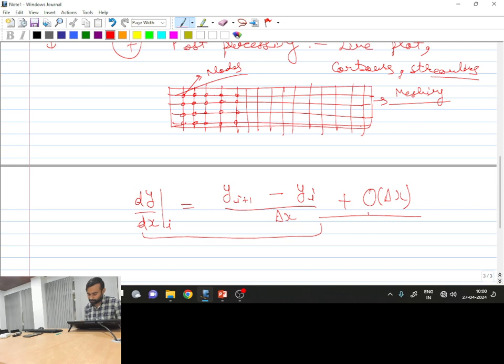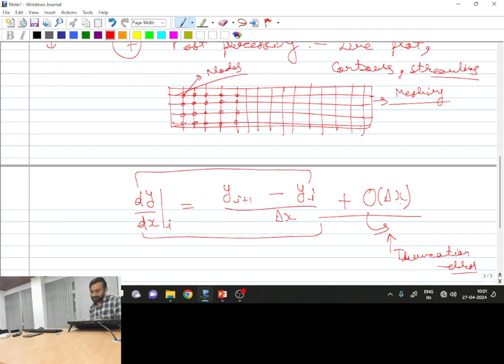Your actual derivative term would have been this entire equation, but now you are writing it only up to this point, so you are removing this term. Once this term is removed, it introduces some error into your solution. That type of error is called truncation error. So there will always be error in your numerical solution.